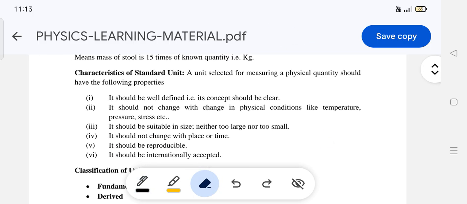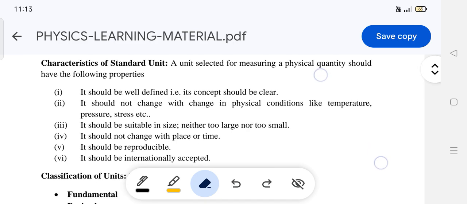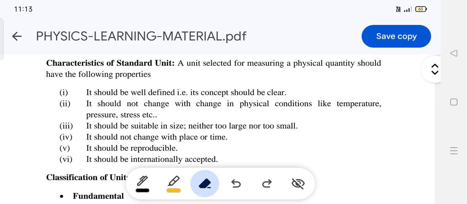Now we have some characteristics of standard units. A unit selected for measuring a physical quantity should have the following properties: it should be well defined, and should not change with physical conditions like temperature, stress, pressure.